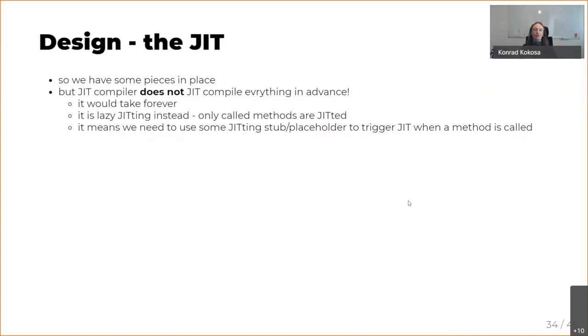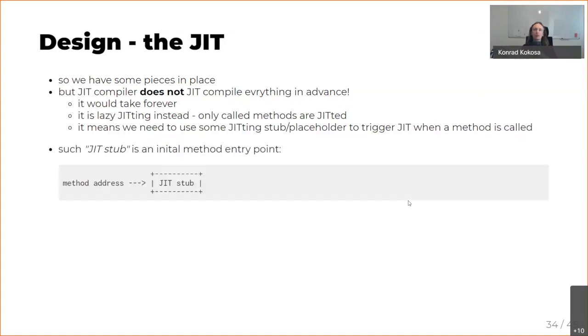Similarly to the approach of real runtimes, when I have a managed method, I'm putting in some kind of stub, just for the starting and initialization of the JITing of a method.